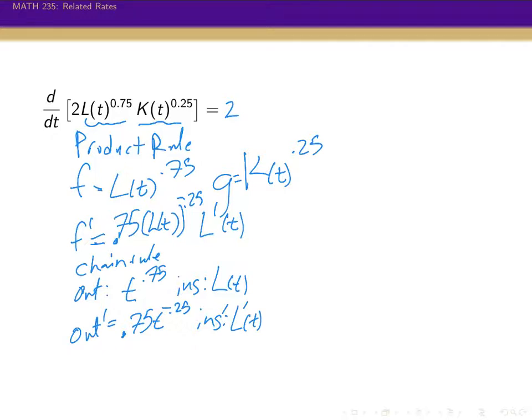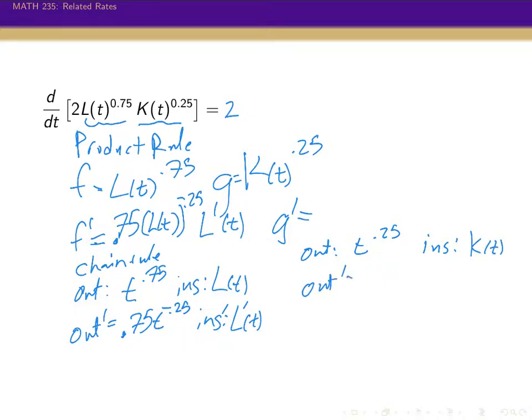And then same thing for g prime. So we've got to use the chain rule again, but now our outside function is t to the 0.25, and our inside function is k of t.